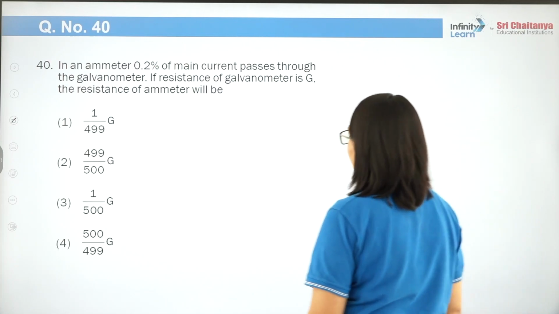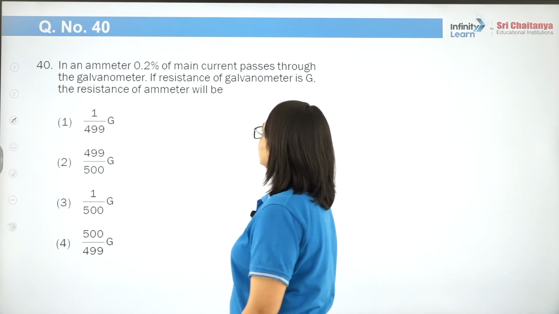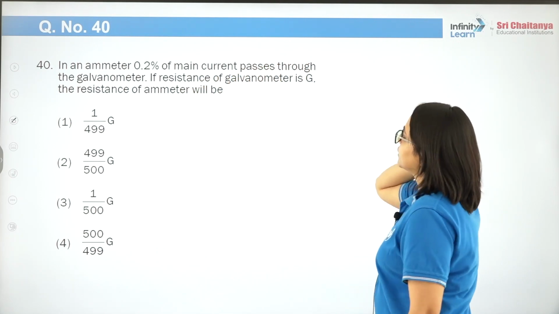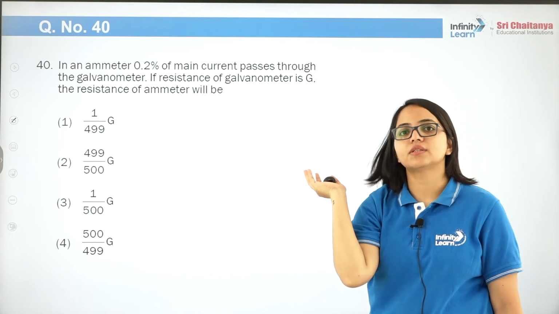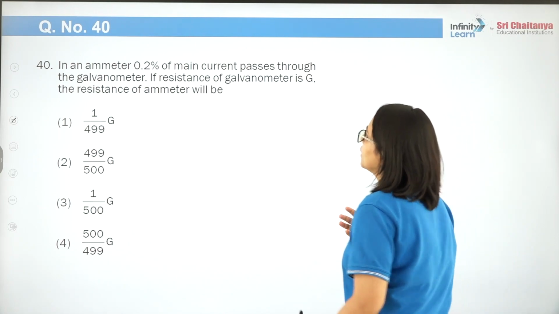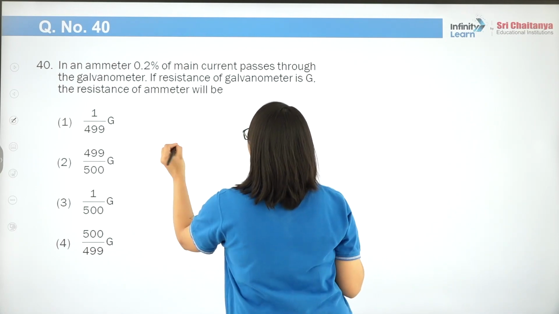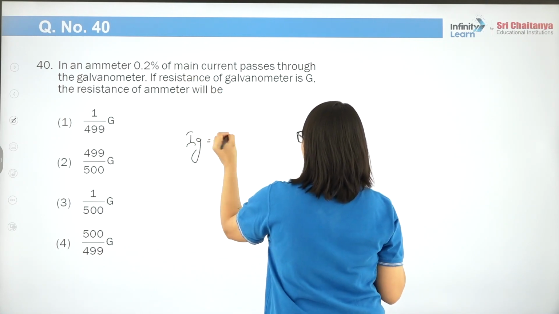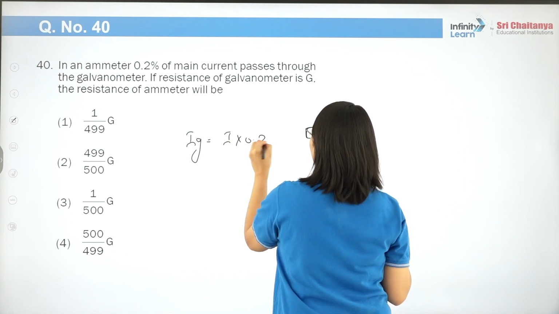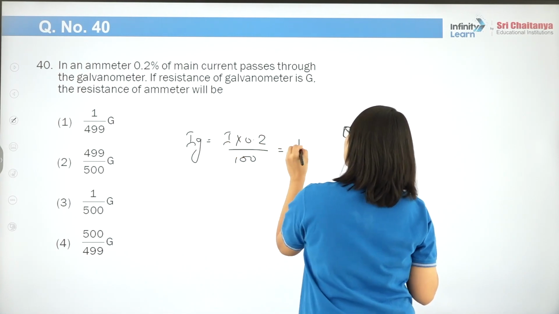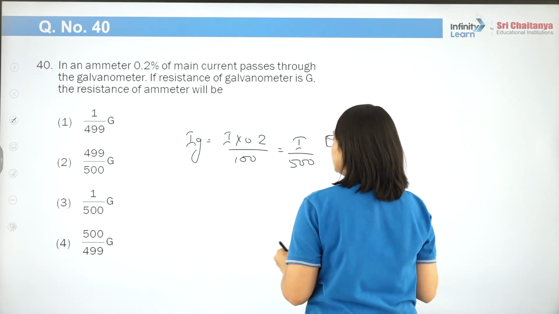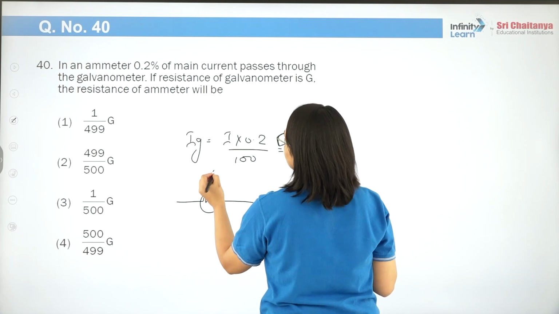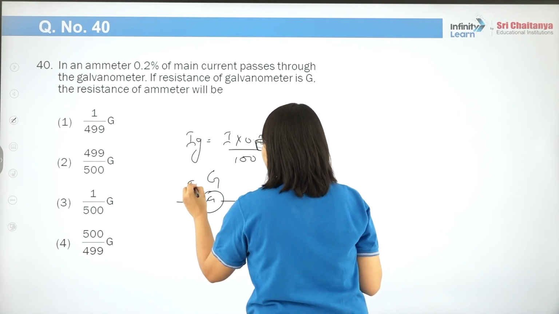Next is question number 40. In an ammeter, 0.2% of main current passes through the galvanometer. If the resistance of the galvanometer is G, the resistance of the ammeter will be. So we have an ammeter and 0.2% of the main current, which is Ig, I into 0.2%, so it is I upon 500. This is the galvanometer of resistance G. Ig is passing through this.